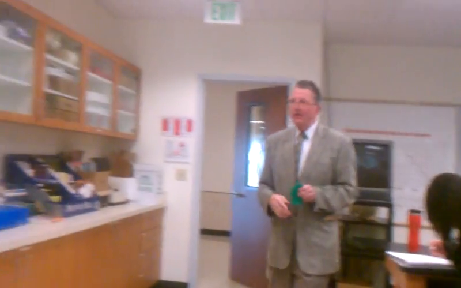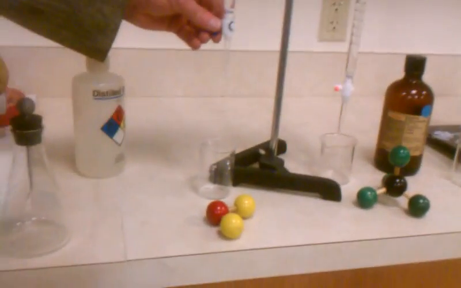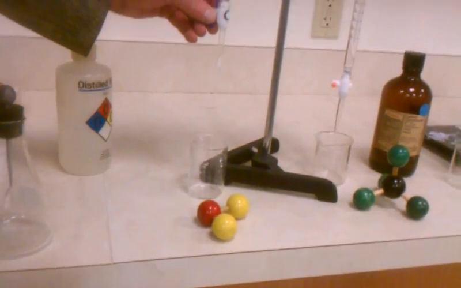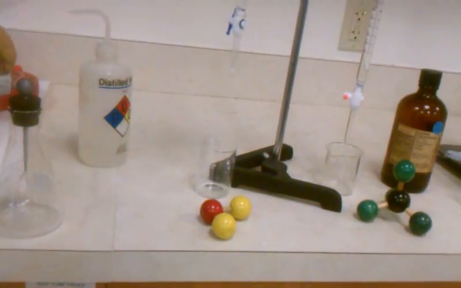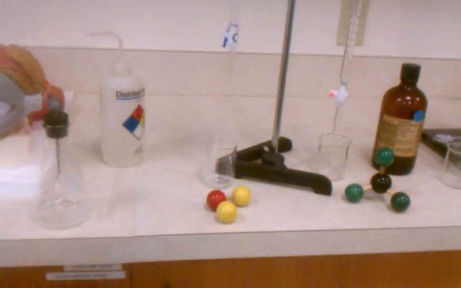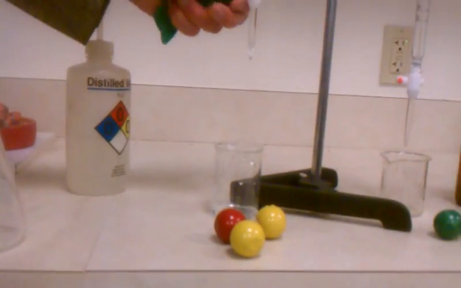So if I do this, watch now. If I take the same stream of water and I get my charge going, whoops, and if I get my charge going here, you see, it doesn't matter whether it's positive or negative, because it's polar. It has a negative end.